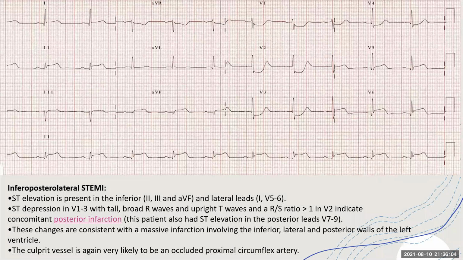Now you will see ST depression also in V1 to V3 with tall, broad R waves and upright T waves and R/S ratio more than 1. In V1, you can see ST depression here. It should go up, but it's coming down. Then V2 also, it's too much depression here.